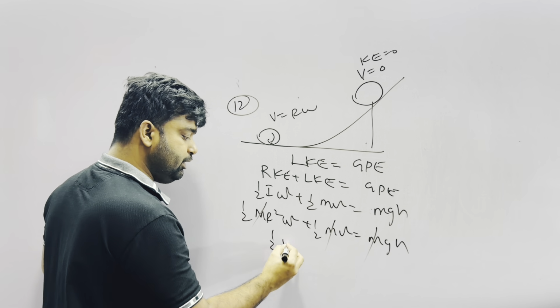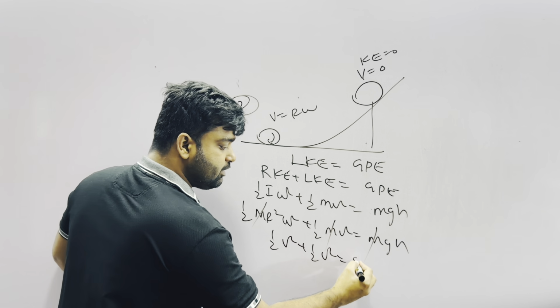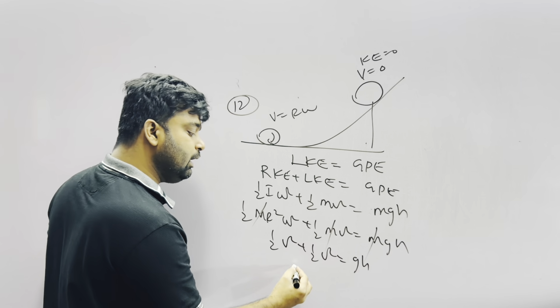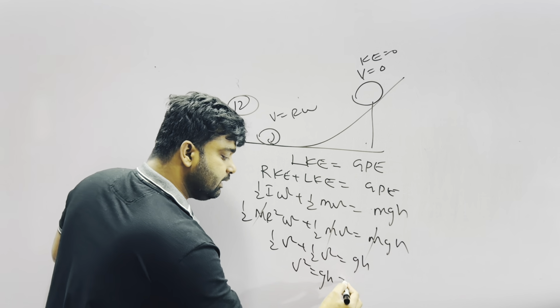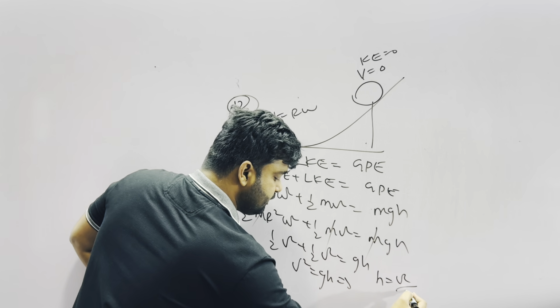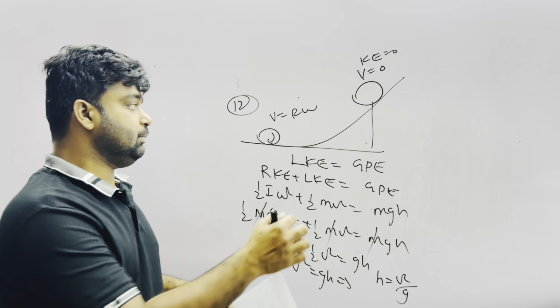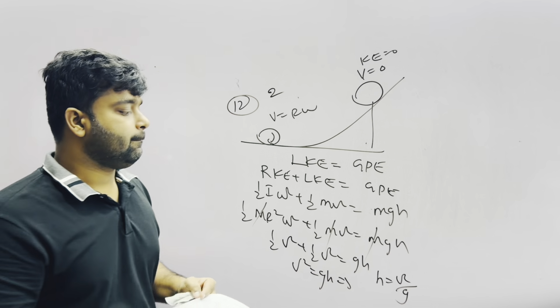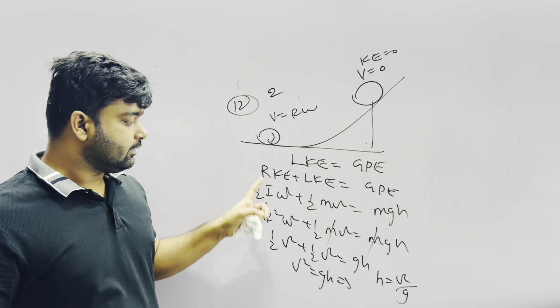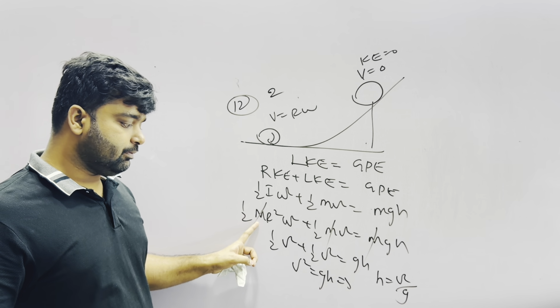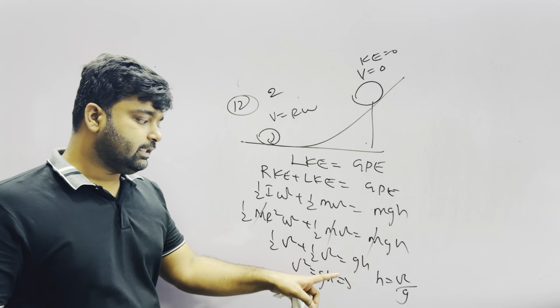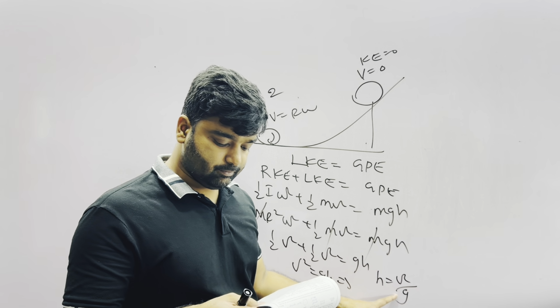Therefore, it is half v square. Here also half v square is equal to gh. Therefore, add them: v square is equal to gh. The question is h. h is equal to v square over g. Question number 12, answer number 2 is correct. If it is a disk, it will be another half. Therefore, the answer will be 3v squared over 4g.